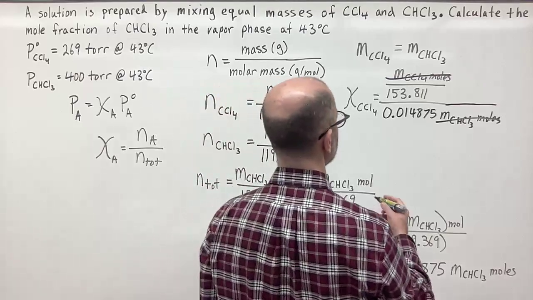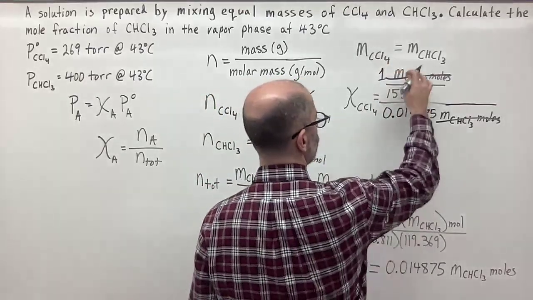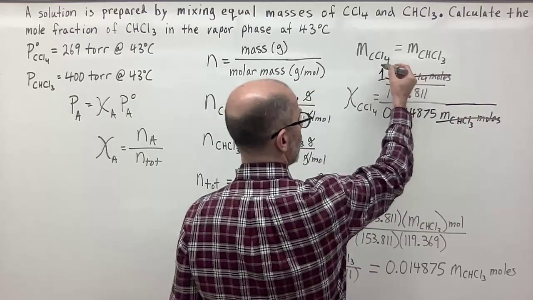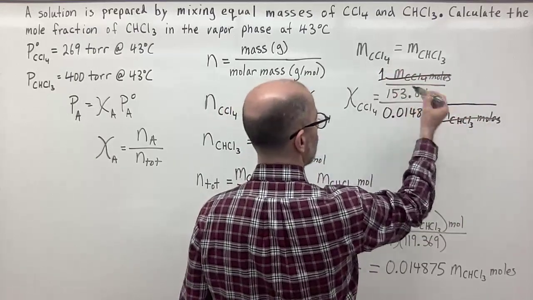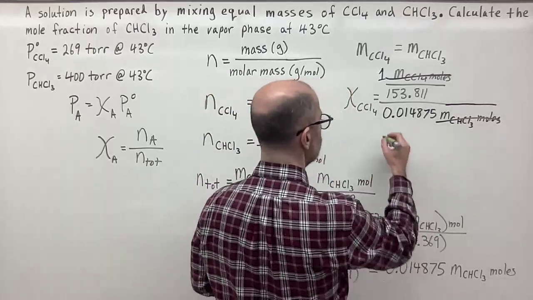So then this is going to be 1. So don't forget that. This cancels out with this, leaves me 1. So I'm going to take 1 divided by this, and I'll get my mole fraction.